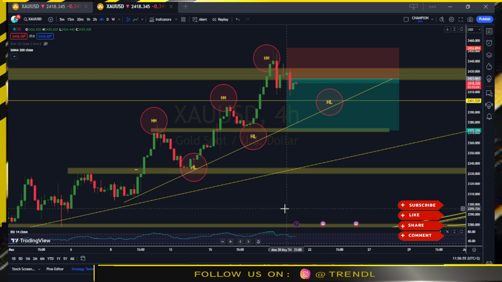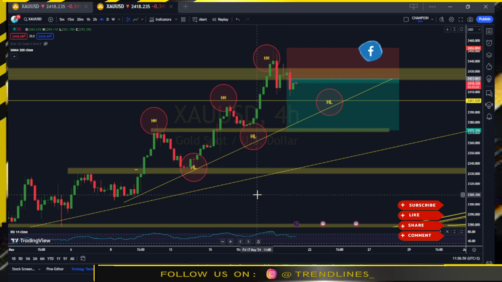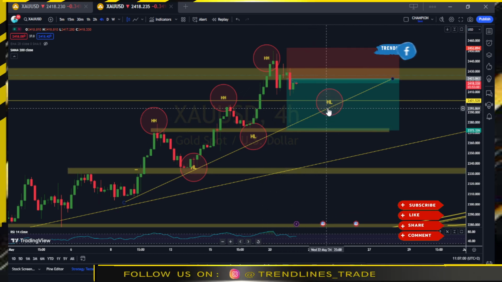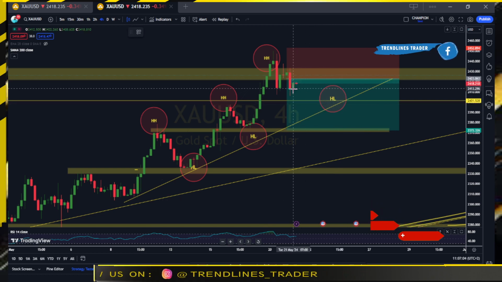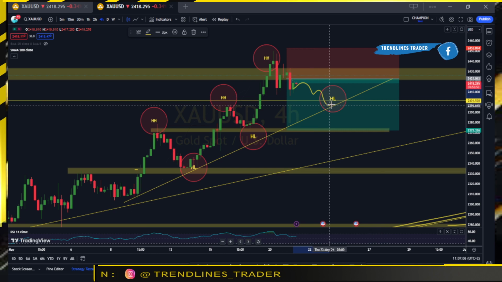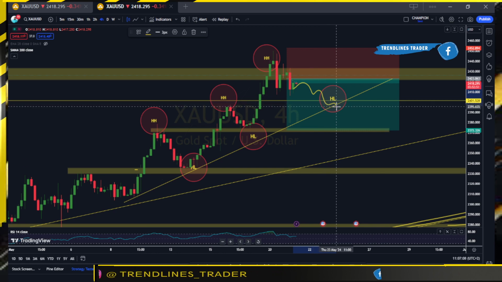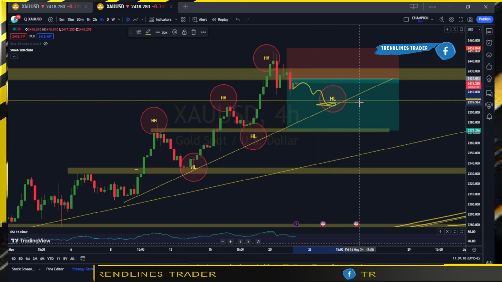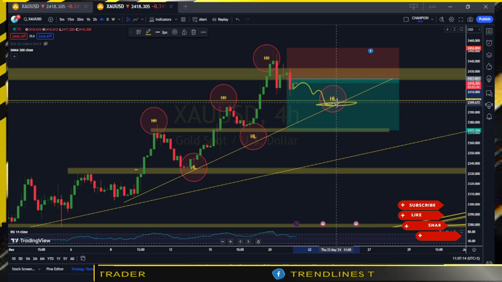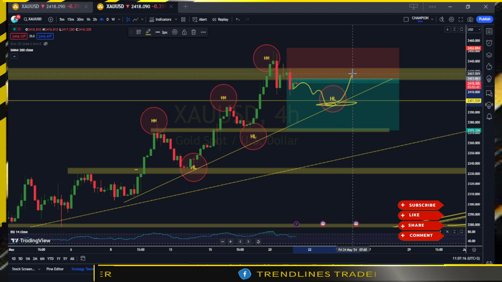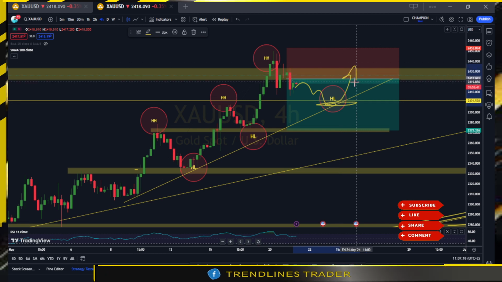Yes, ladies and gentlemen, this is our gold. We could have something like this. Our gold might push towards this price level. If it respects this level, it will give us a support before we witness our price pushing towards the upside.